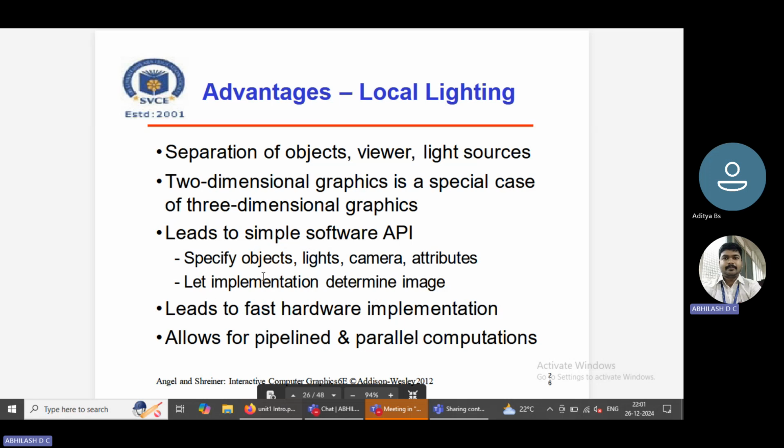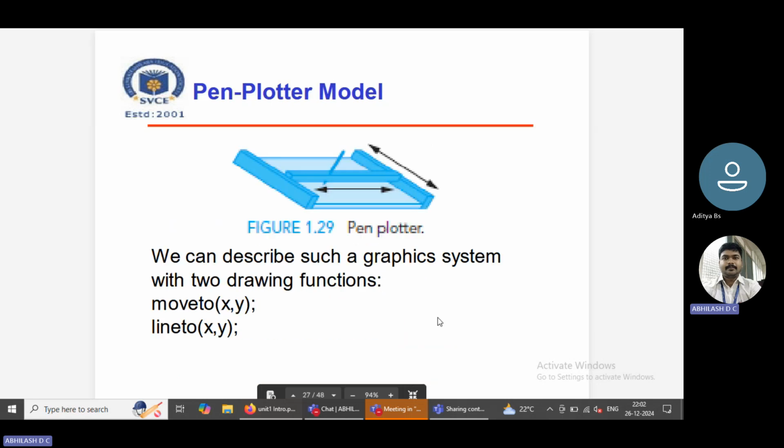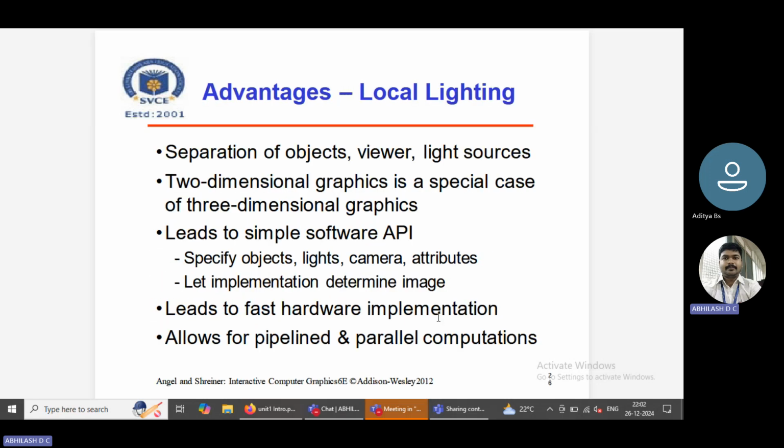So this particular implementation has to be implemented on very fast hardware, which helps us gather the information. We need to have multiple processes dealing with it, something to deal with the pipeline and parallel computations. So what do you mean by pipeline? Pipeline is nothing but, in order to generate an image, the data has to move through multiple blocks in order to generate its points, right?